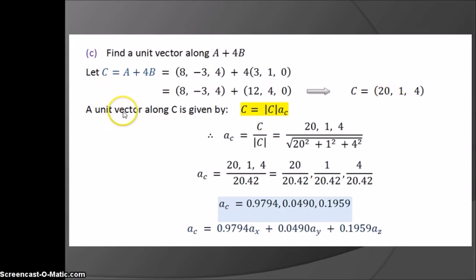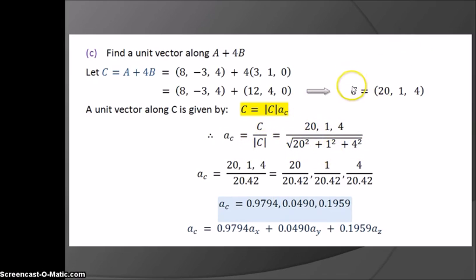The unit vector along C is given by this expression, which is gotten from the representation of the vector C. So the unit vector would be the vector itself all over the magnitude.